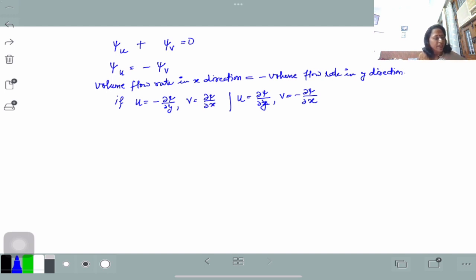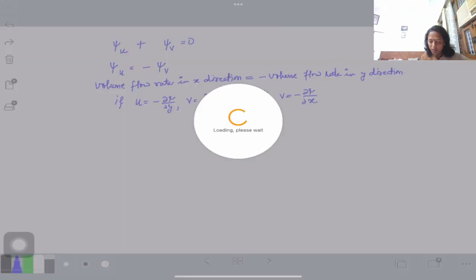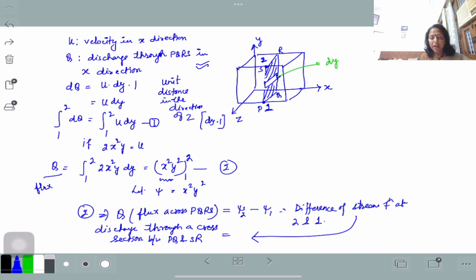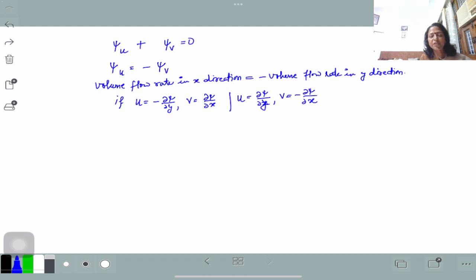Now I come to the mathematical expression or the theoretical expression for the physical significance of stream function. This I have told you with the help of a mathematical example, and now I would like to express the same relation with the help of theory.